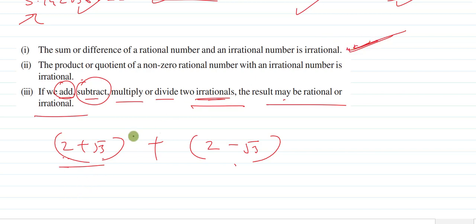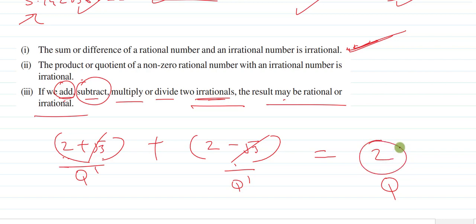So this is an irrational number, this is also an irrational number, but if we add them, what will happen? The root 3 gets cancelled and the answer will be 2. That is a rational number. That's why, if we go in detail, the sum of two irrational numbers may or may not be irrational. Same will happen for subtraction.